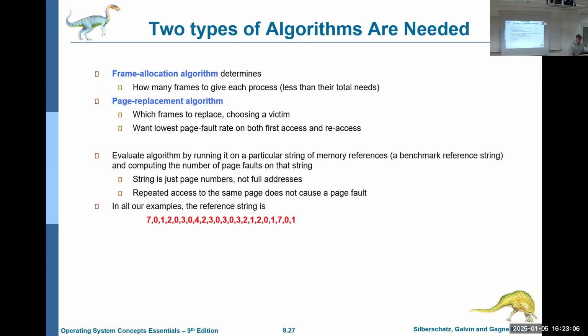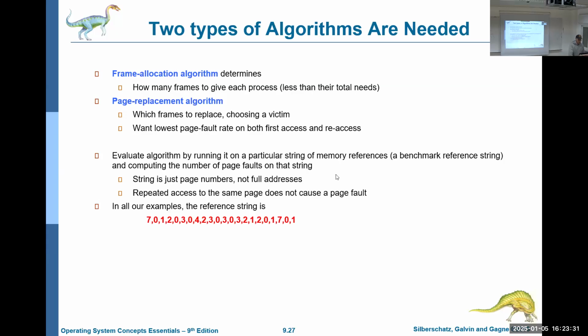We should use different benchmarks. It could be that one benchmark program will tell us that a certain algorithm is better, and a different program will tell us that a different algorithm is better, depending on how the pages are arranged. If one, for example, uses the same page a lot of times, or they have different characteristics of page use.